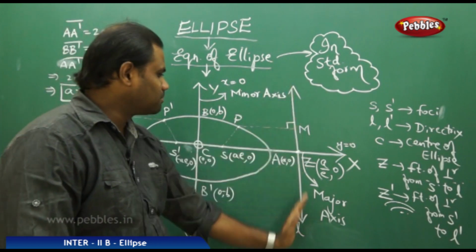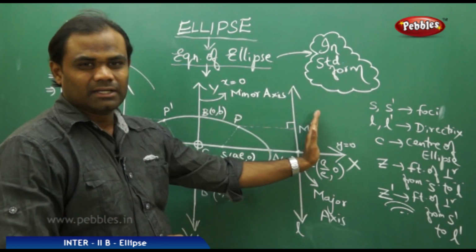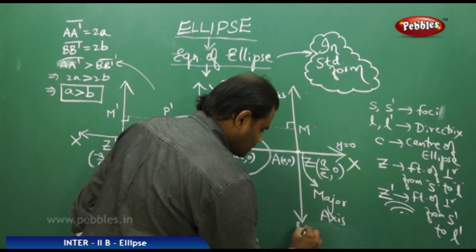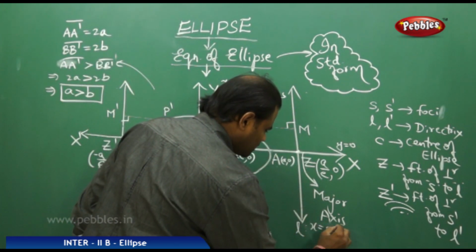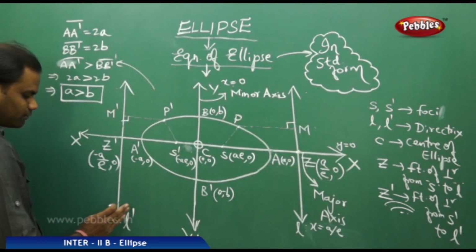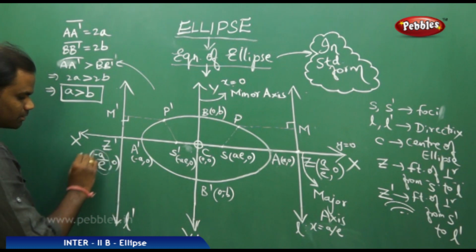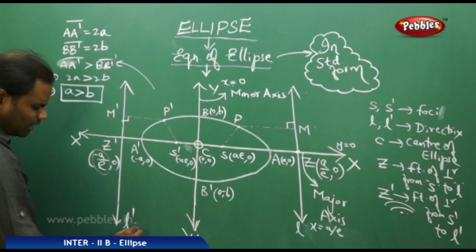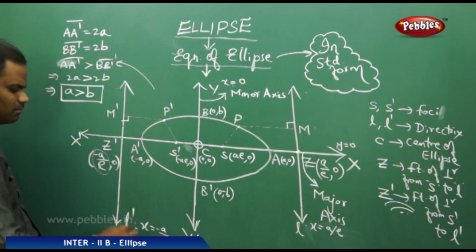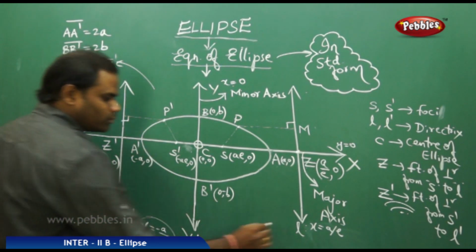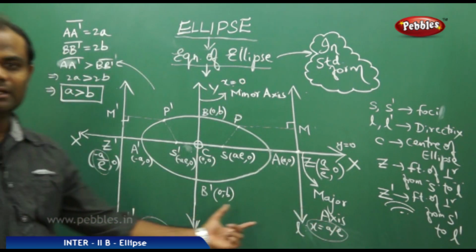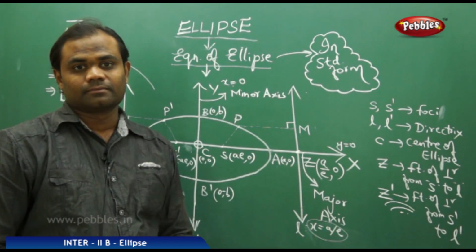Therefore, this line being parallel to the y-axis will be x equals a by e. And here the equation of L dash with x coordinate being minus a by e will have x equals minus a by e. These are the two equations of directrices as we have here with L and L dash.